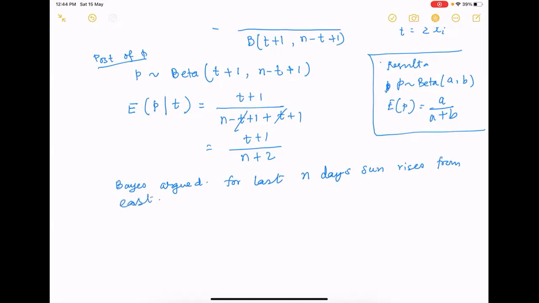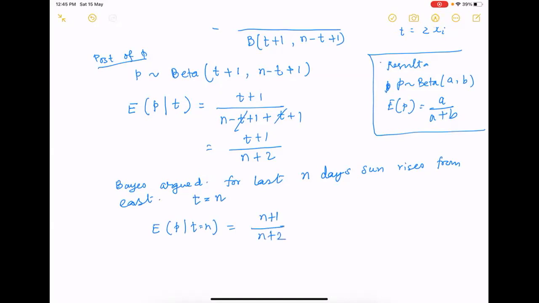So that means effectively I have observed t equal to n. So the expected value of p given t equal to n is (n plus 1) by (n plus 2).